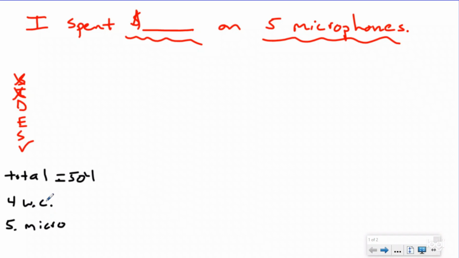and then I also see a multiplicative comparison here. A microphone costs 4 times as much as a webcam, right? So a microphone is 4 times as much as a webcam. This gives me a clue that I'm going to need at least a multiplicative comparison model. So let's go ahead and draw that out, okay?